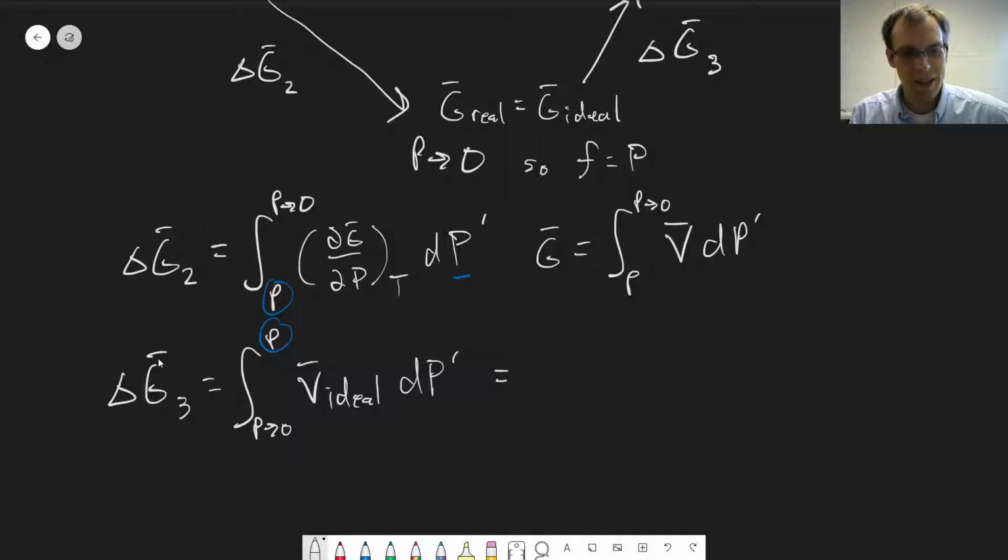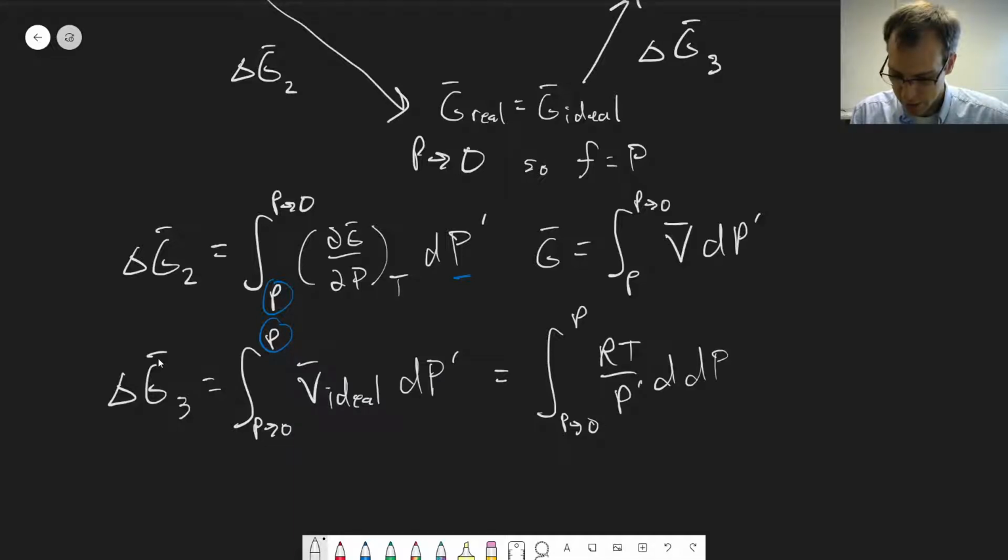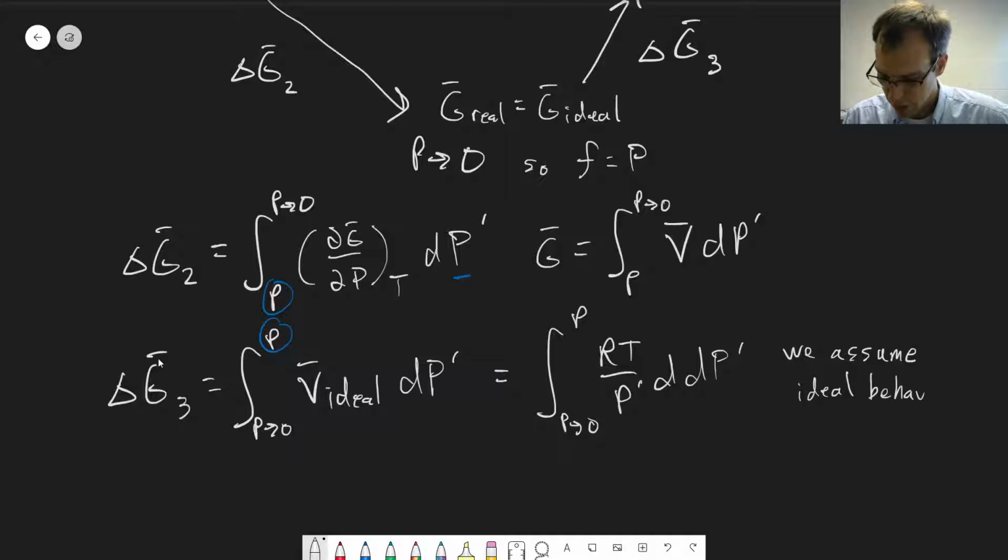Okay, and now because this is ideal, we can make the substitution that we have RT over P, because we are assuming ideal behavior for this theoretical process.